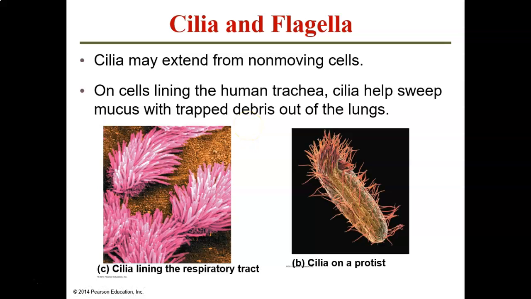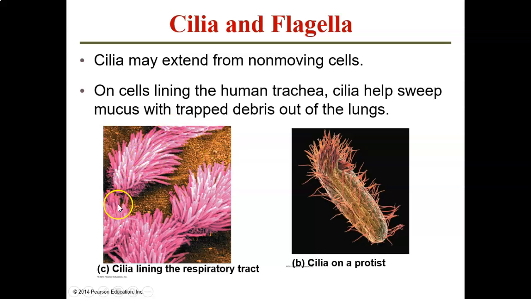What we do have in all of our bodies is cells with cilia. Cilia are just these little tiny hairs that sweep things away. On a protist, cilia can help the physical organism move all around in liquid. What we have in our bodies are cells that are fixed, but the cilia itself is sweeping things away from it.